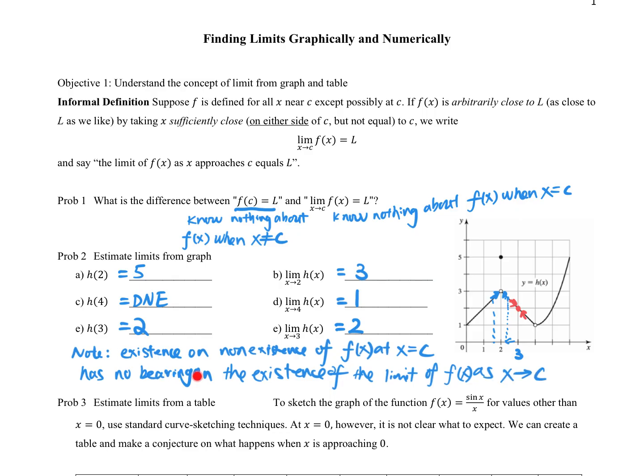So this is an important point to make. Whether limits exist and whether the function value is defined or not defined, they have nothing to do with each other. So that's what we are trying to say.